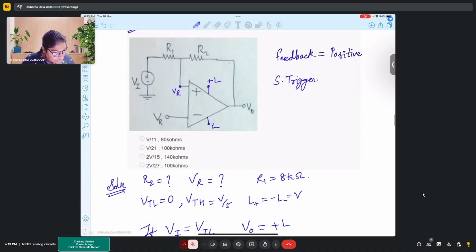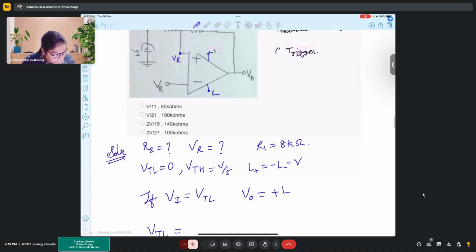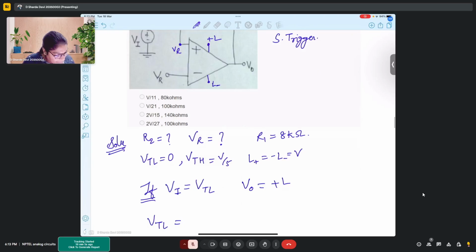If Vi is VTL, then Vout will be plus L, right?